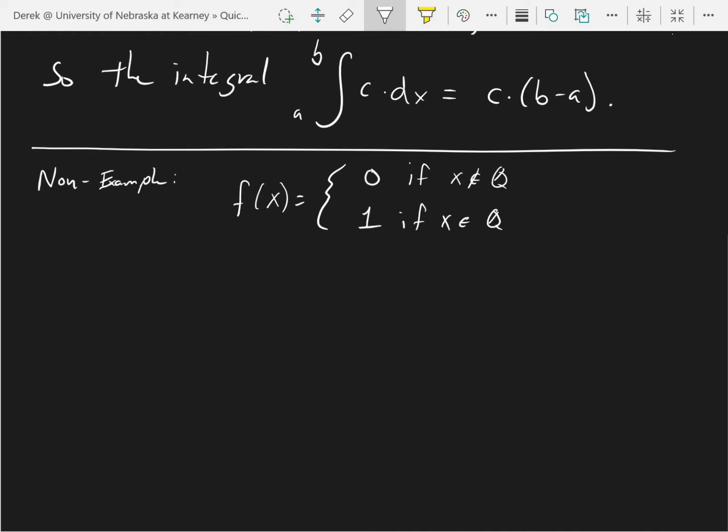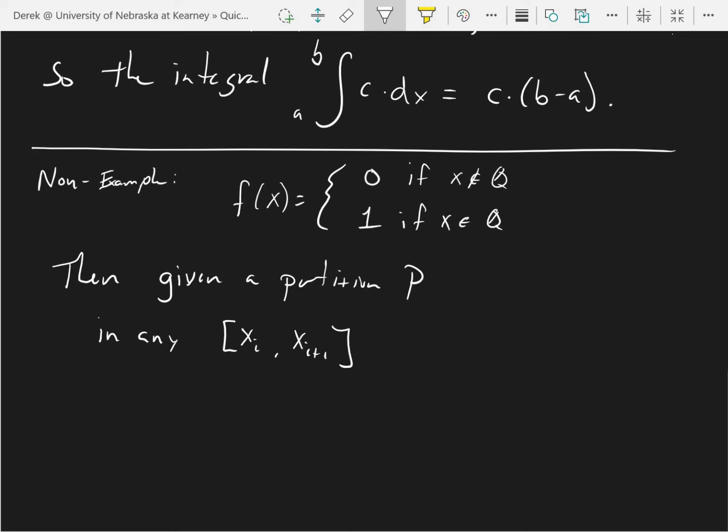Okay. Then, given a partition P, on any interval between x sub i and x sub i plus 1, there are going to be rationals and irrationals inside this interval.